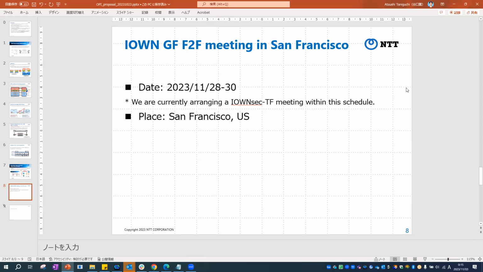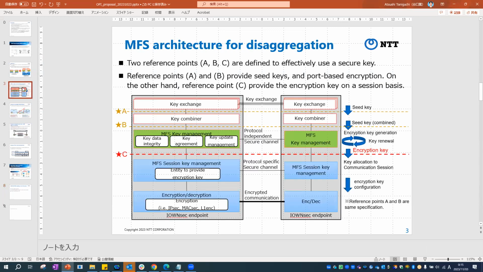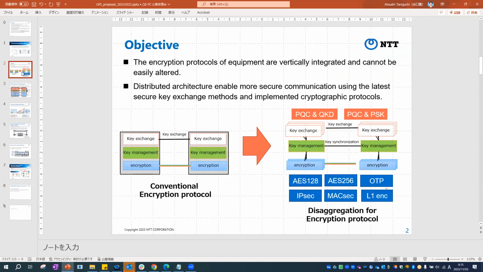So, do you have a document with written requirements and architecture? Requirements and architecture, a document that you could share from ION Global Forum.